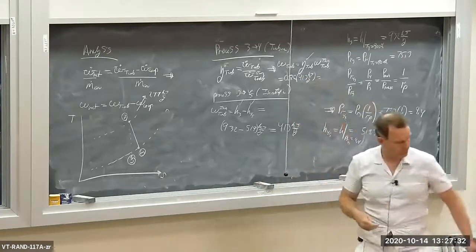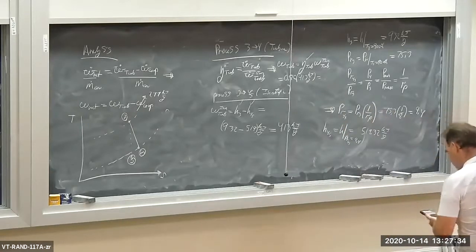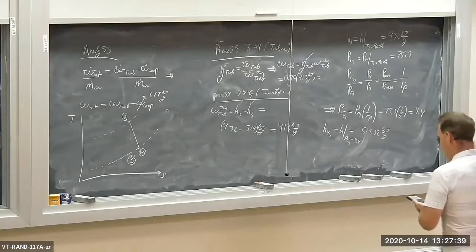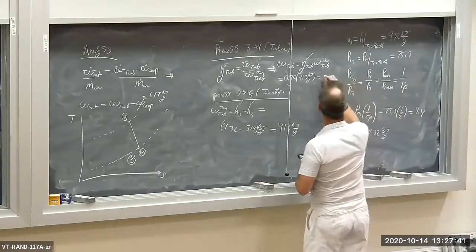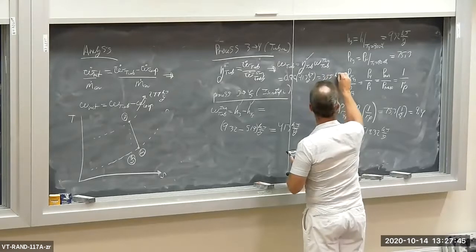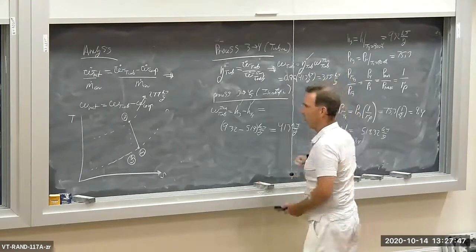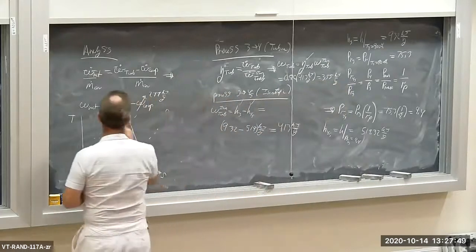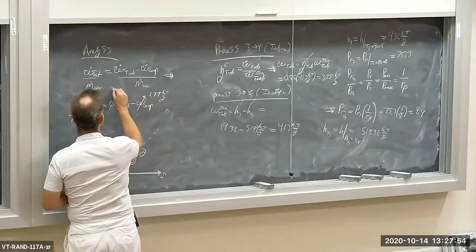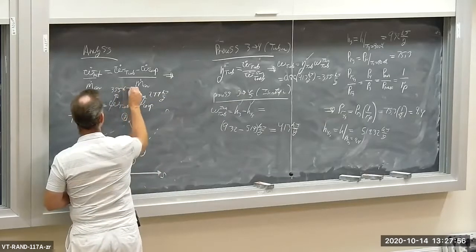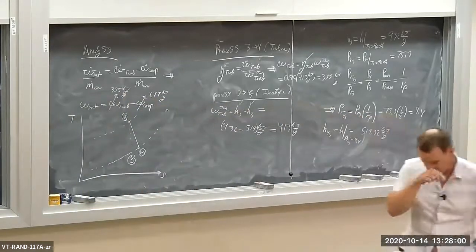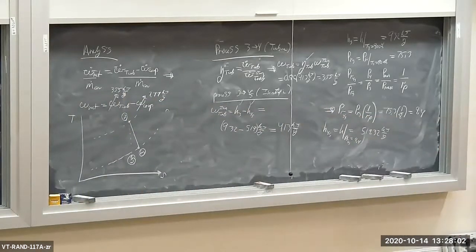So 86% of 413, I get 355 kilojoules per kilogram. So the specific work for the turbine is 355 kilojoules per kilogram.